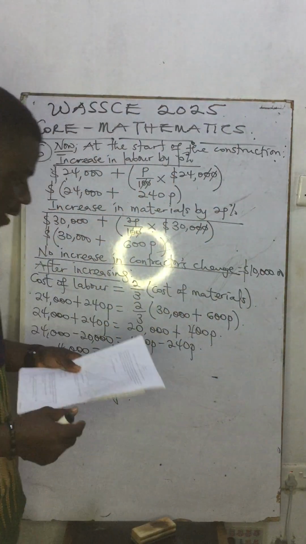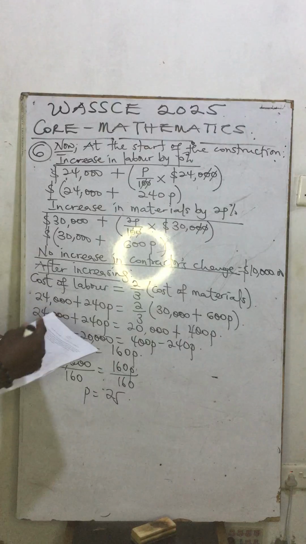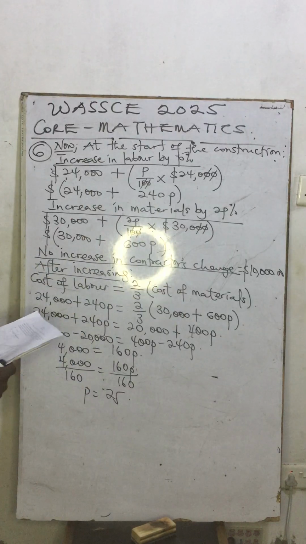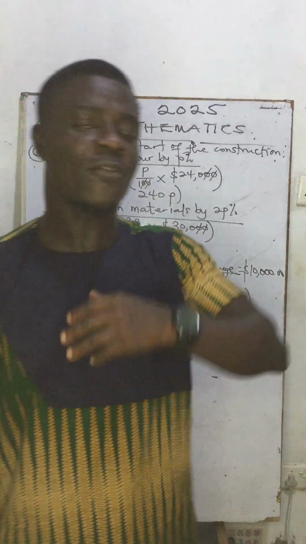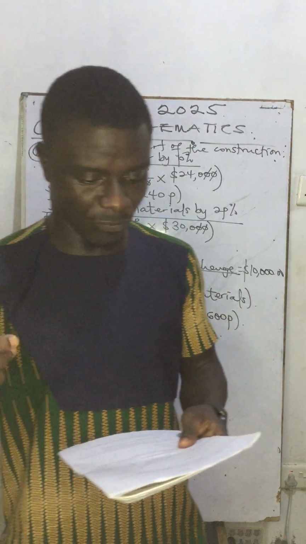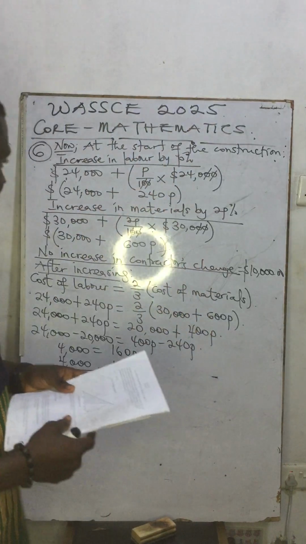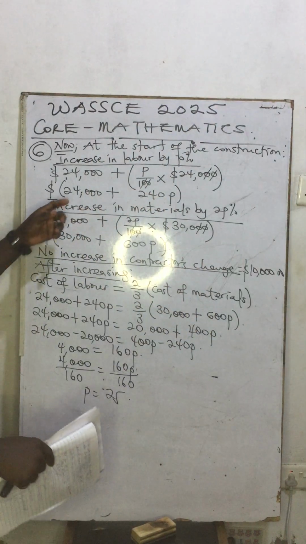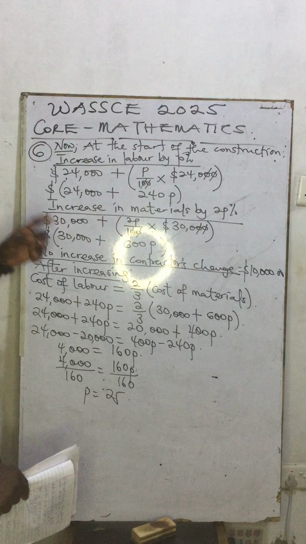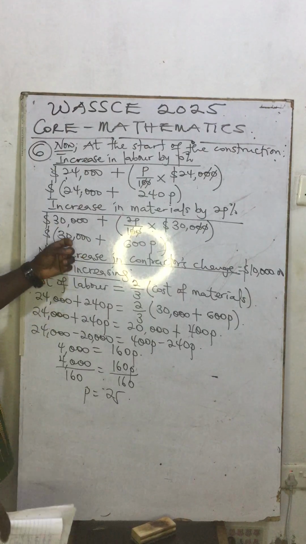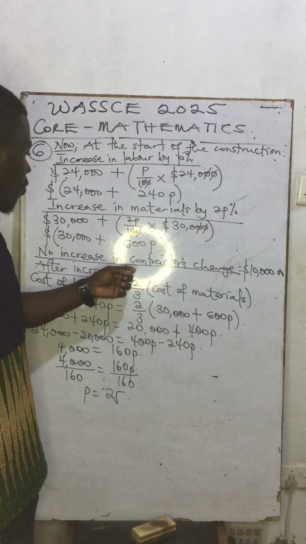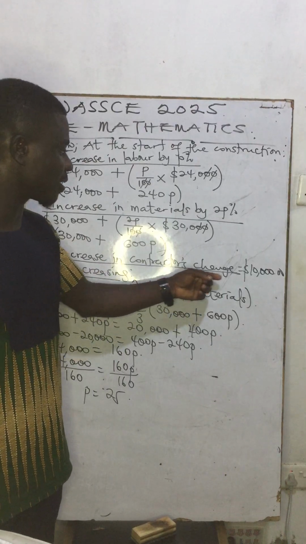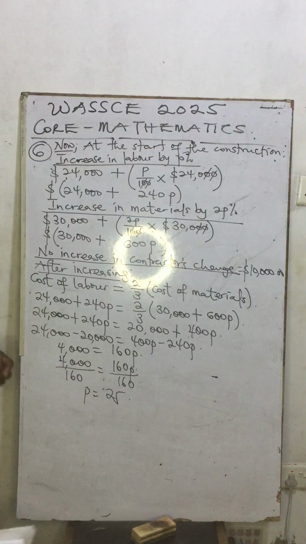Now let's see the B part. The B part says we should determine the new cost of building the apartment. Don't forget, before the increase, the cost of labor was 24,000, the cost of materials 30,000, and there was no increase in the contractor's charge, which is still $10,000.